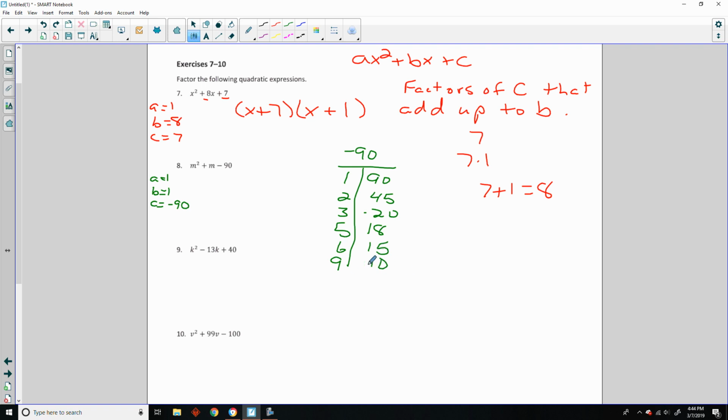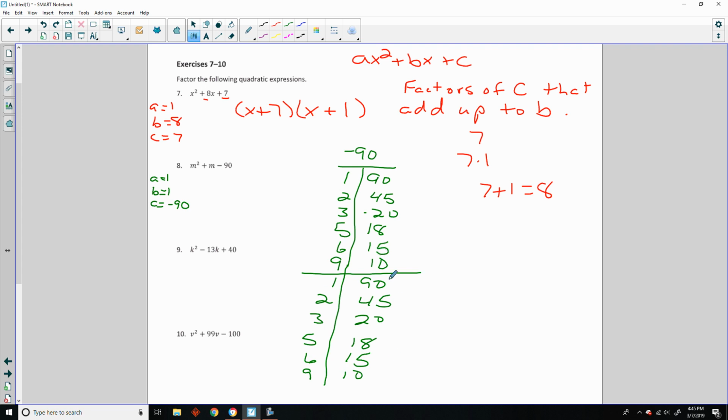And when we get this close where they're one apart, they're just going to repeat. So I'm just going to repeat them now. 1, 2, 3, 5, 6, 9, and 90, 45, 30, 18, 15, and 10.